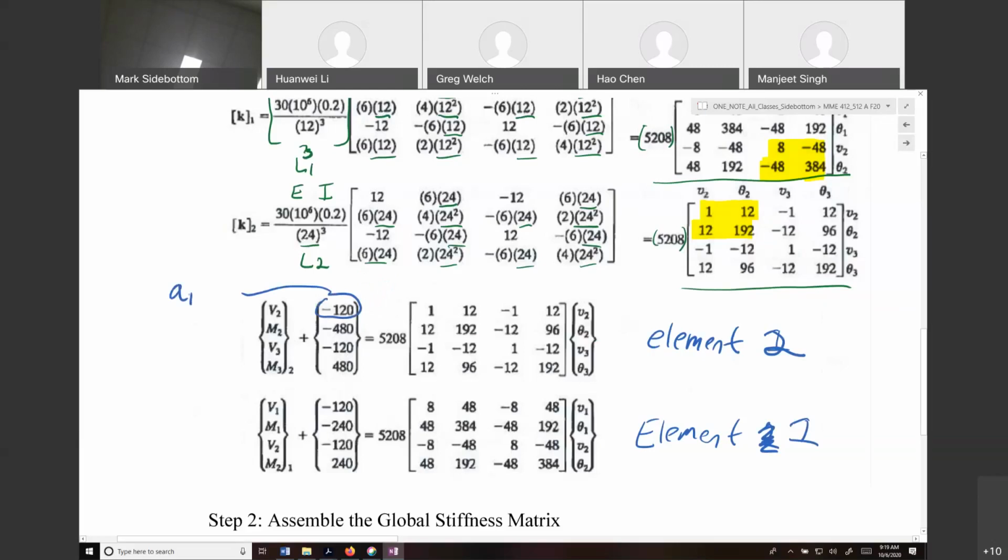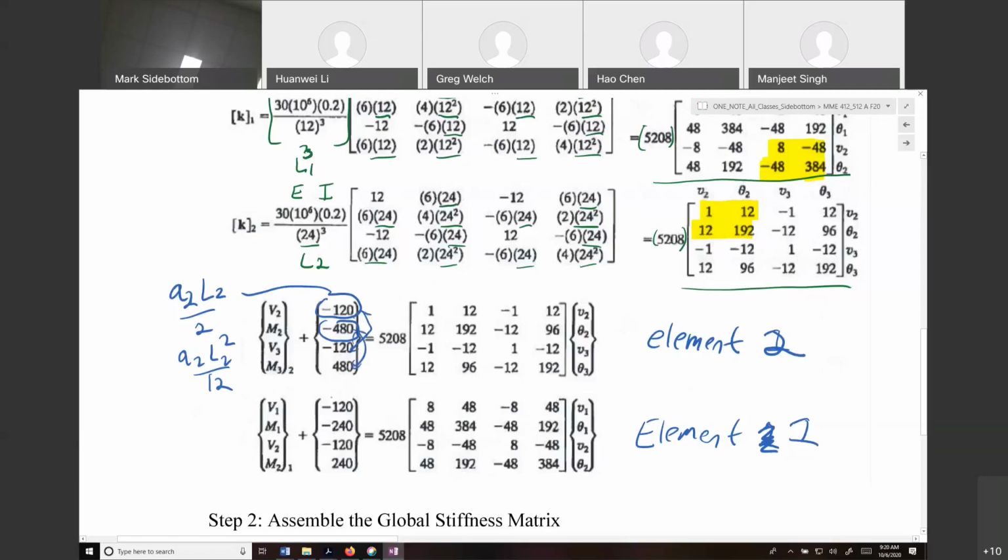This should be equal to Q2 L2 over 2, and for this value here, it would be equal to Q2 L2 squared over 12. These terms are the same, and these terms are the same.